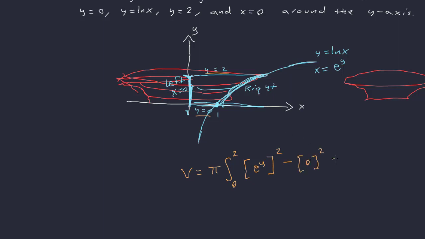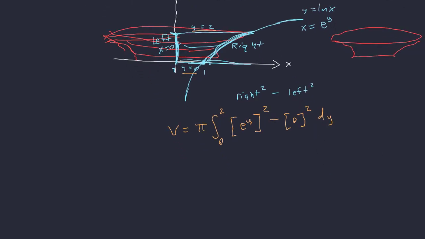Normally we wouldn't write it, but I do kind of want to just show how it pans out, even if we did. So this would be the right side squared minus the left side squared. All right, so we'll get pi times the integral from 0 to 2 of e to the 2y dy.